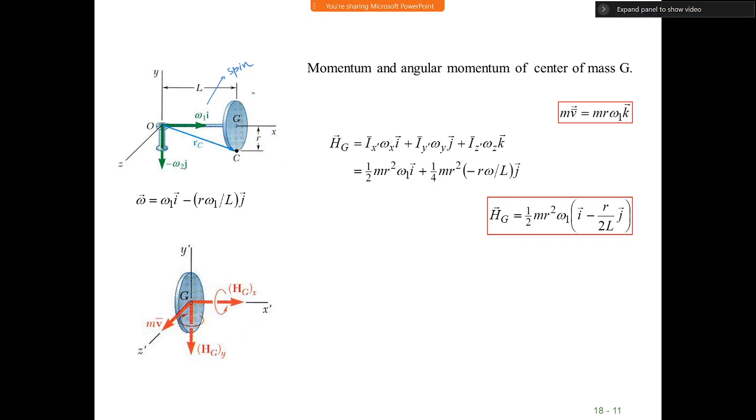It is rotating like this, and this contributes an angular momentum in this direction. Then there is another angular velocity, this angular velocity omega 2, and this is called precession.